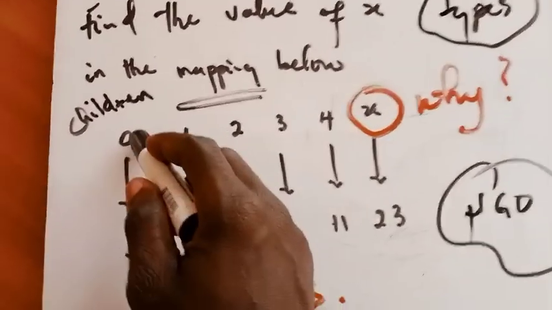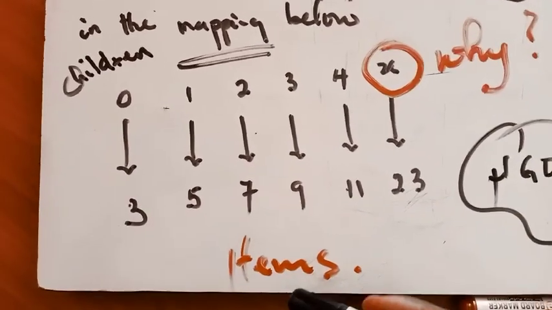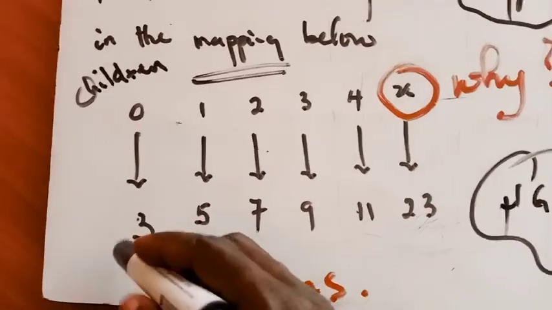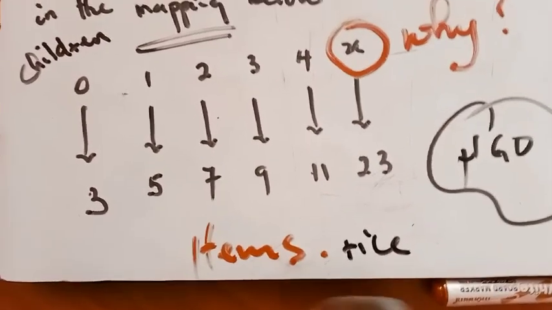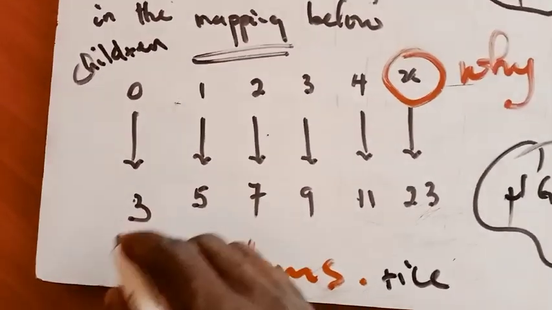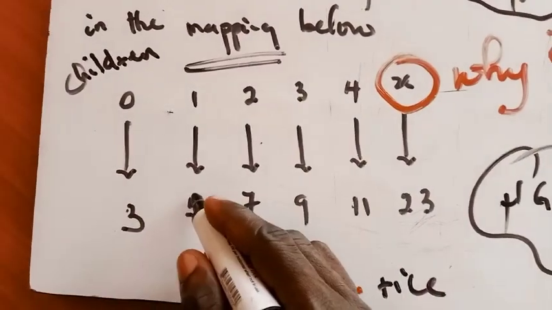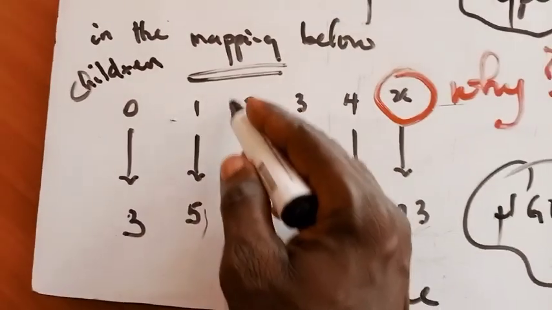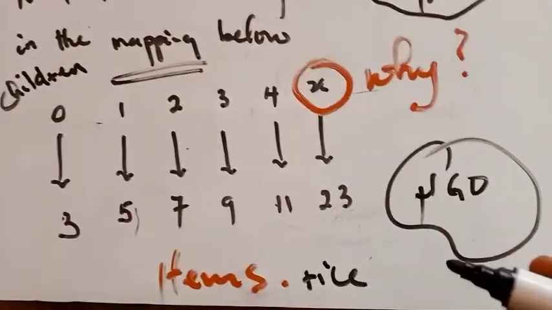If you're a mother with no child, the only thing you can get is three items. Okay, let's limit our understanding to bags of rice. So we get 3 bags of rice if you have no child. If you have only one child, then you get 5 bags of rice. If you have 2 children, you get 7, and so on and so forth.